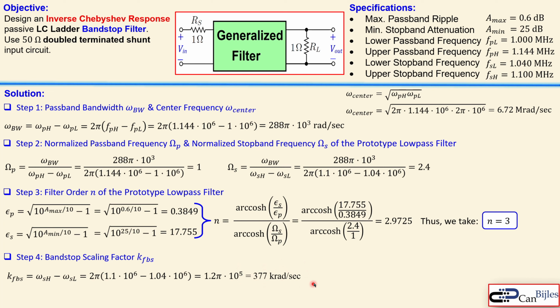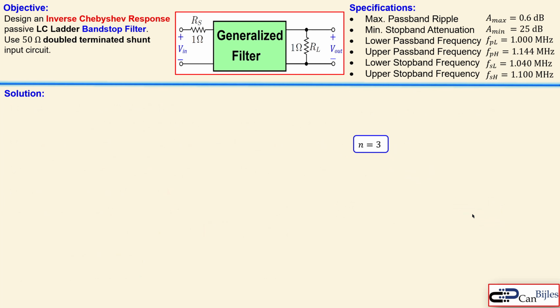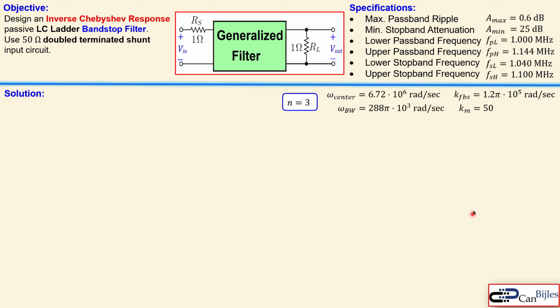This is an important parameter we will use later for our component values, and that is then 60 Hertz. There's a difference between these two frequencies. Now let's collect everything we have, and also the Km is here shown. That is the gain scaling factor, because we go from 1 ohm to 50 ohm. That is actually shown here. So if you have a 60 ohm here, for example, then your Km will be 60.